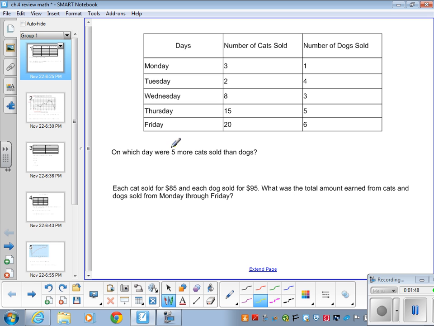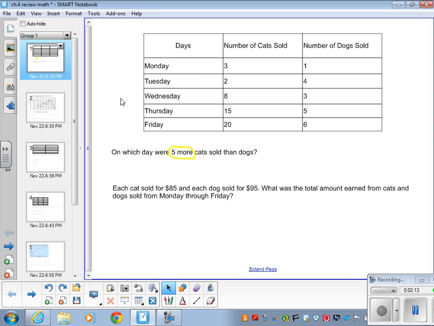And 5 more means bigger. So now we have to look back to the chart and we have to see on which day. They want us to focus on one day. They don't want to know about all the days, just one day.